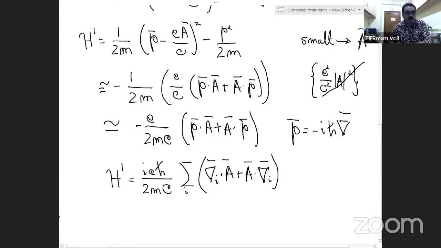But now what we have to do is second quantize this, because we are doing everything in the second quantized formalism. And for that, let us first write A in terms of its Fourier component as usual.